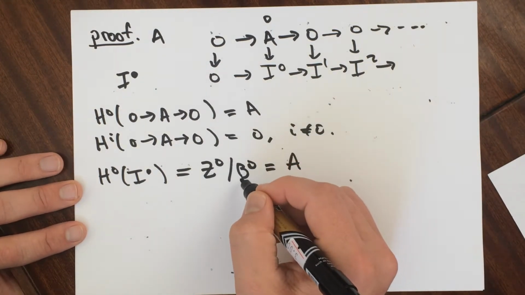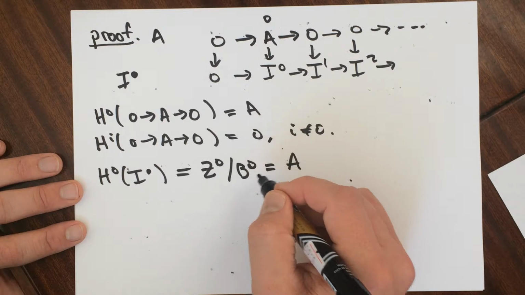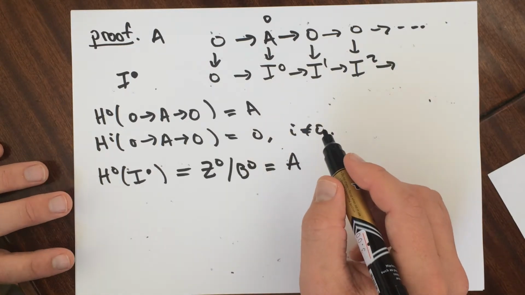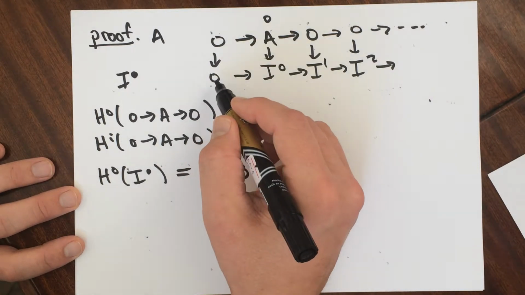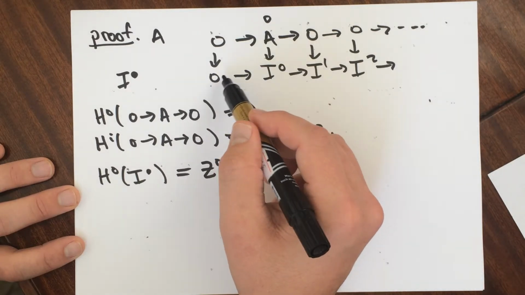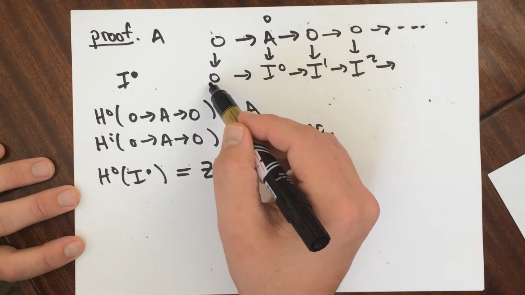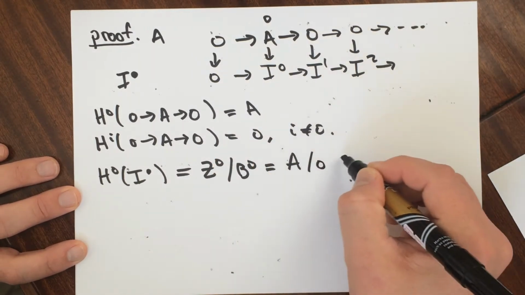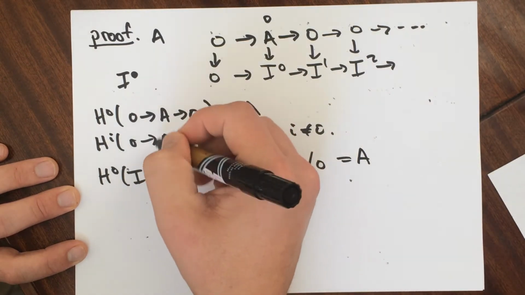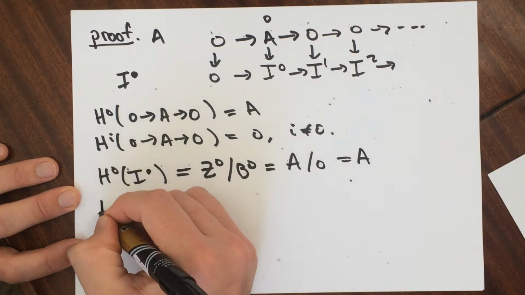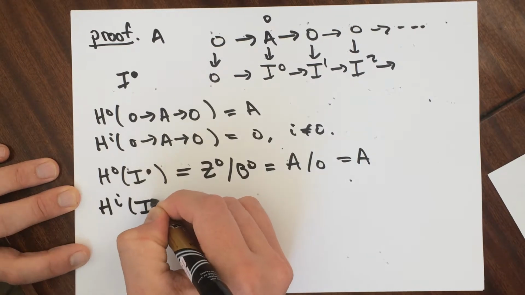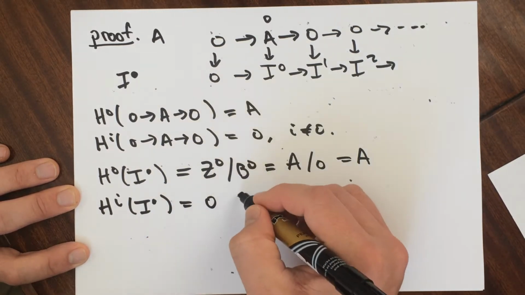Okay, and so now the boundary is here, right? So here we have just 0. So this is equal to A. This is nice, we can already see this is nice. And H^i of I bullet is 0 by exactness.